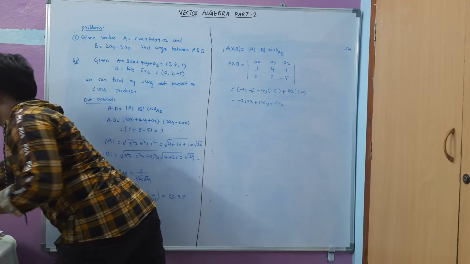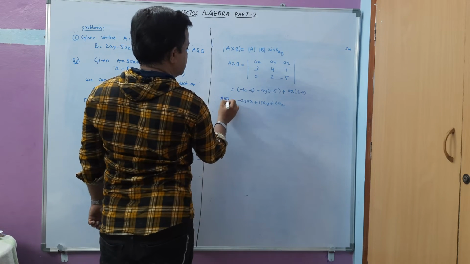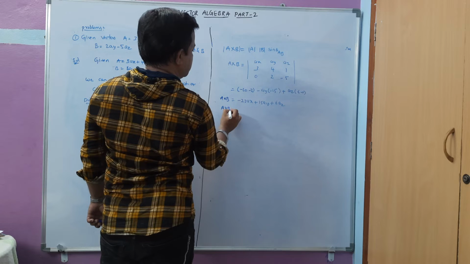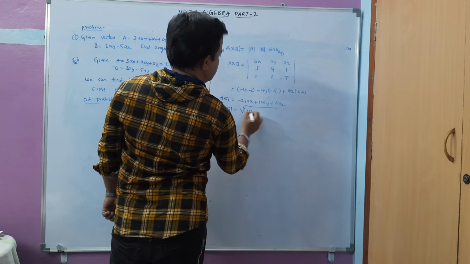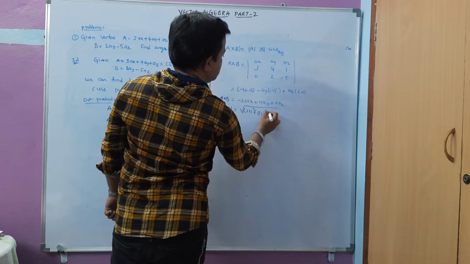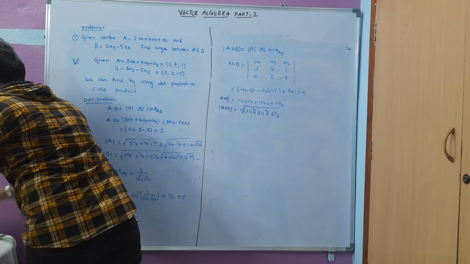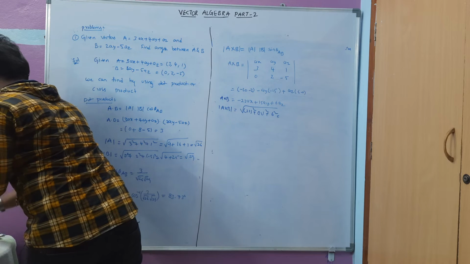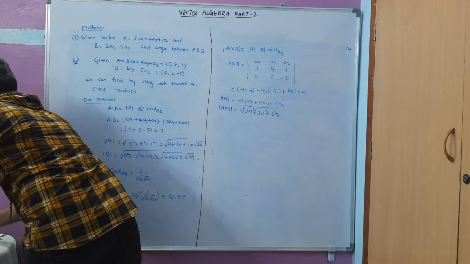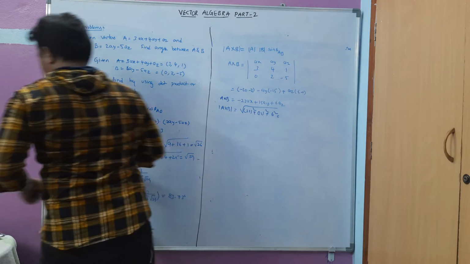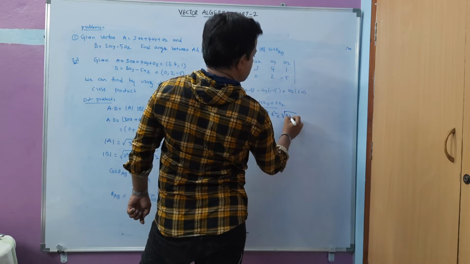Now I have to take the magnitude of this one, A cross B. The magnitude of A cross B is root of 22 square plus 15 square plus 6 square, which will give me root 745 here. You have to use your calculators and check the result.